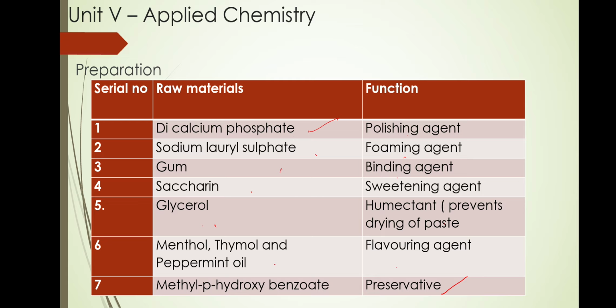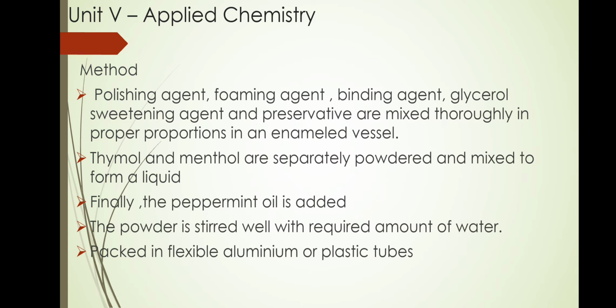So dicalcium phosphate is the polishing agent, sodium lauryl sulfate the foaming agent, any gum can be used as binding agent, saccharin as the sweetening agent, humectant is glycerol, flavoring agents are menthol, thymol and peppermint oil, and methyl para hydroxybenzoate is the preservative.